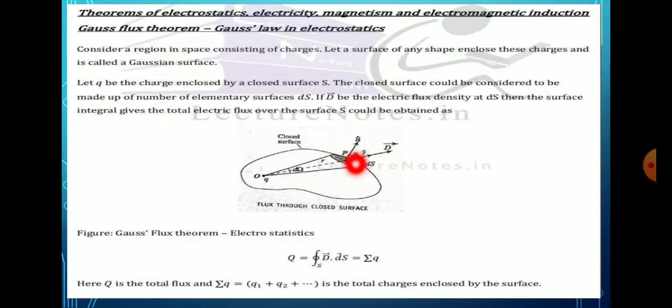It makes an angle with the outward normal to the surface at the point P, and d omega is the solid angle subtended at the point by ds. Then the equation becomes: Q is equal to the integral over S of D bar dot ds bar, equal to the summation of Q. Here the summation takes the entire charges, so the summation of Q is Q1 plus Q2 and so on up to Qn, the total charge enclosed by the surface.